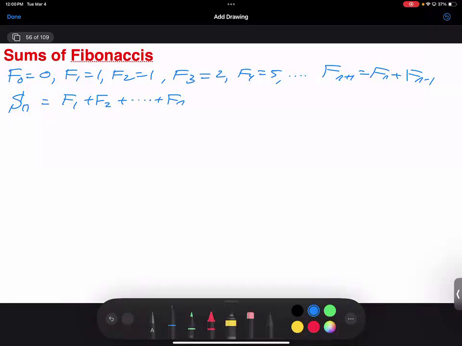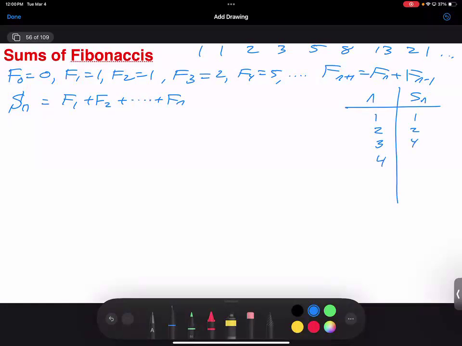So let's try to calculate a few. So the Fibonacci's are 1, 1, 2, 3, 5, 8, 13, 21. So let's calculate n and Sn for a few values. When n is 1, we get 1. When n is 2, we get 2. When n is 3, we get 4.